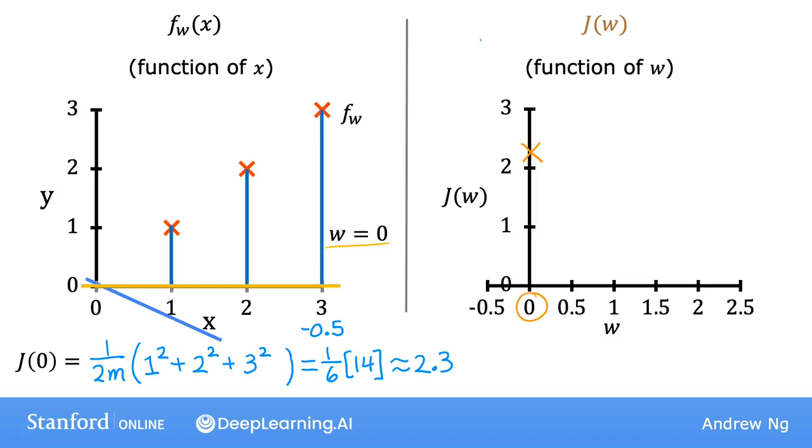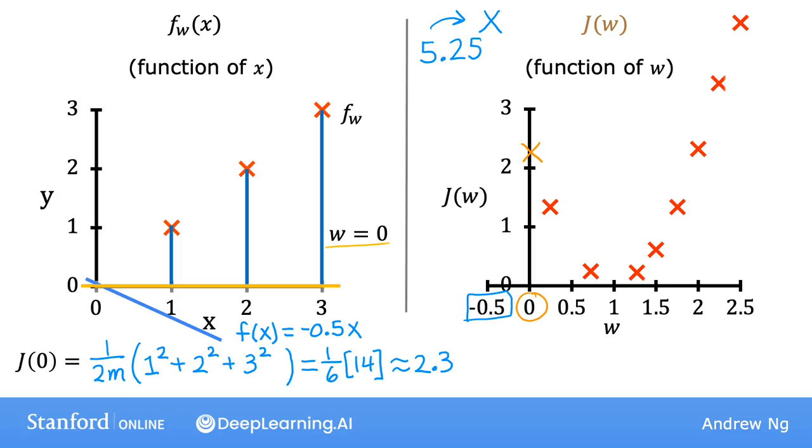It turns out that when w is negative 0.5, then you end up with an even higher cost around 5.25, which is this point up here. And you can continue computing the cost function for different values of w and so on and plot these, right? So it turns out that by computing a range of values, you can slowly trace out what the cost function j looks like. And that's what j is.